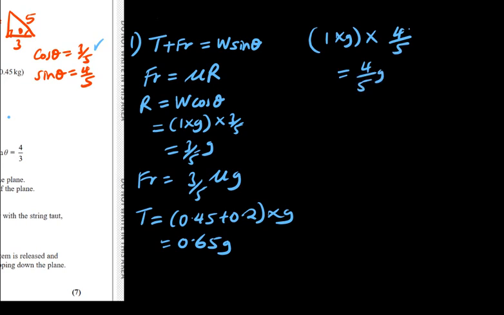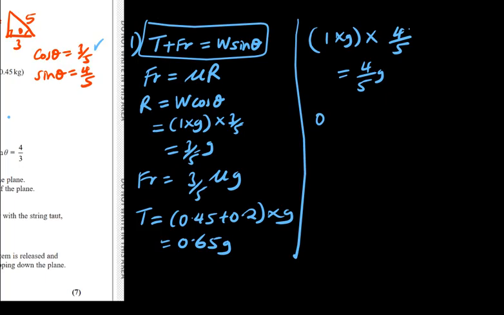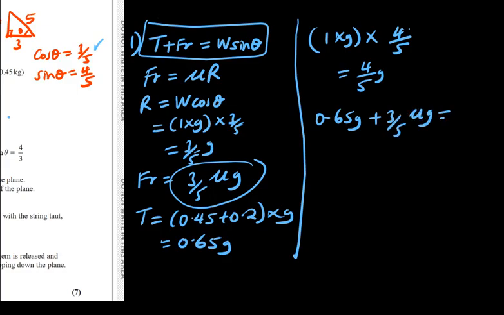So let's replace everything that we have. So this is going to give us our tension, that is 0.65 g, plus our friction, which is 3/5 mu g, should be the same as the force that's acting down the slope but parallel, which is given by 4/5 g.